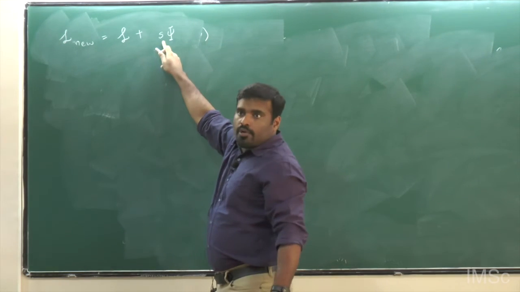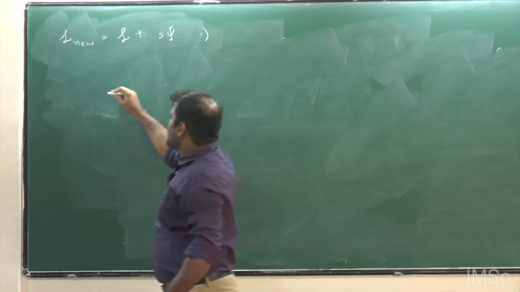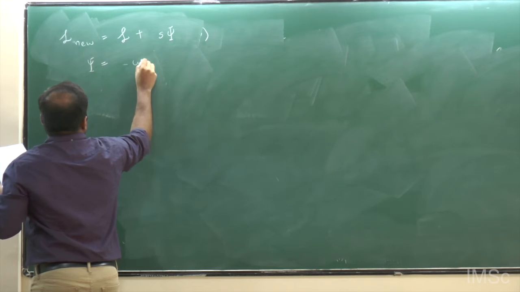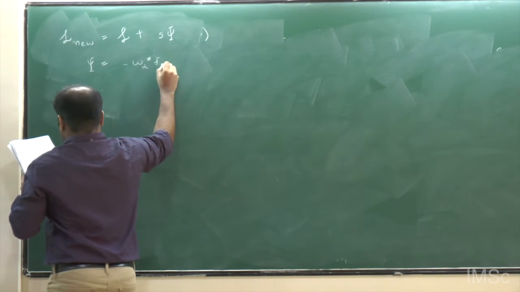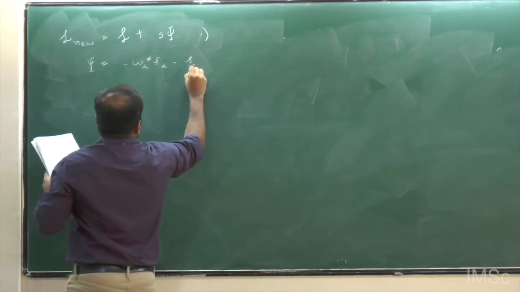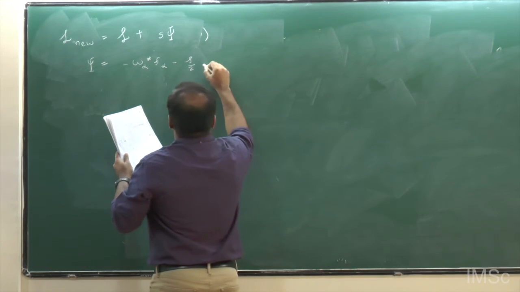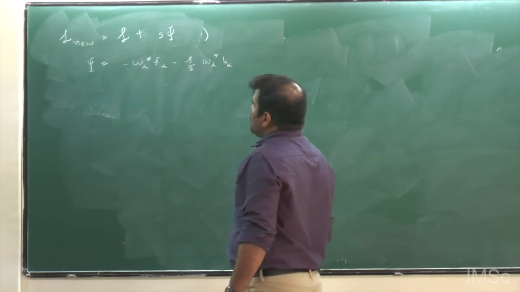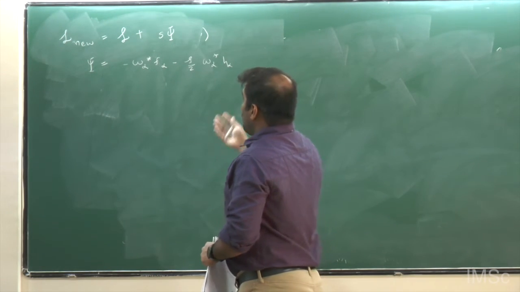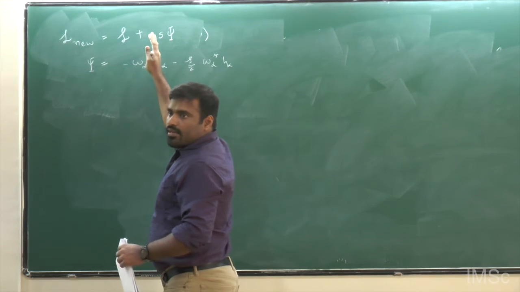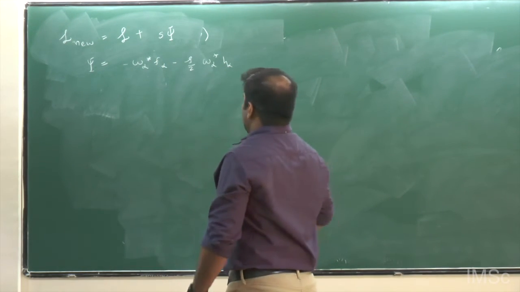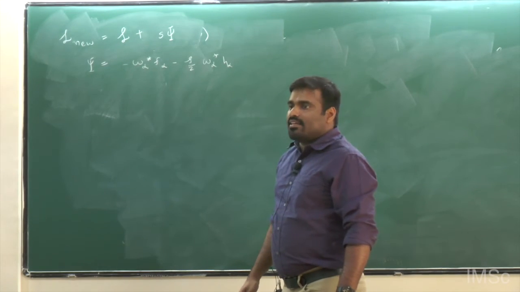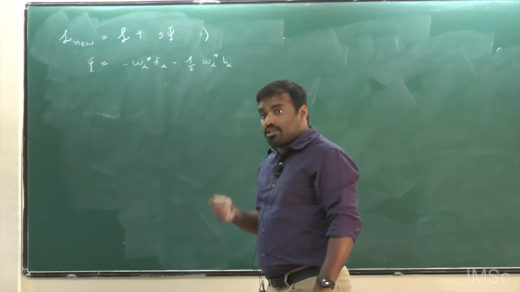S is the fermionic operator that we introduced, and psi is given by minus omega alpha star into F alpha, minus theta by 2 omega alpha star into H alpha. So the new Lagrangian is related to the old Lagrangian in a nice way. If you change psi to some other arbitrary function, that's still a sensible point to start quantizing your theory.